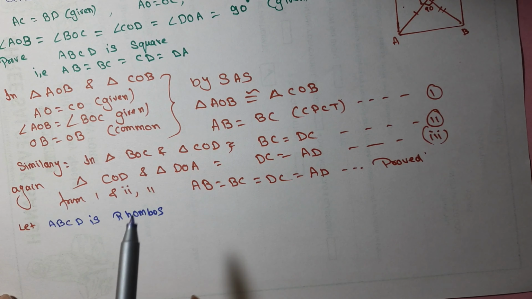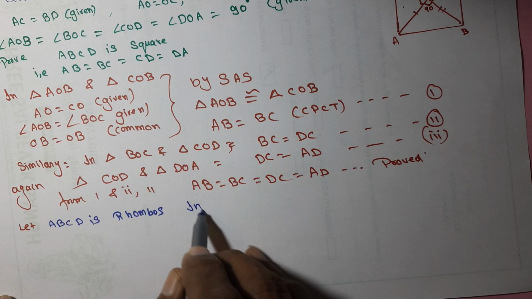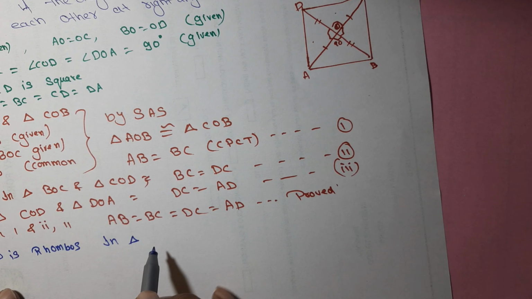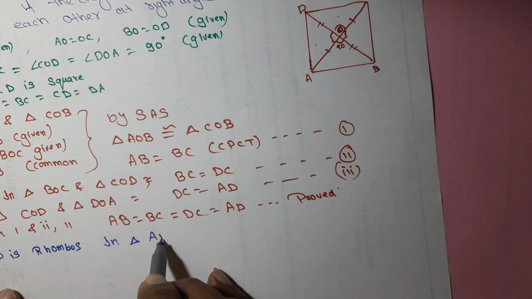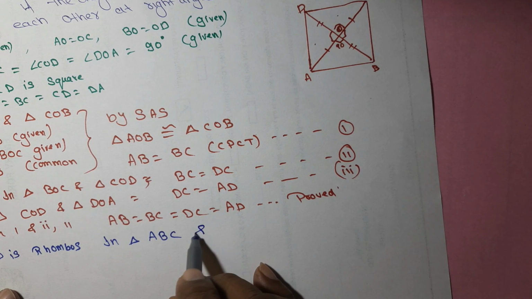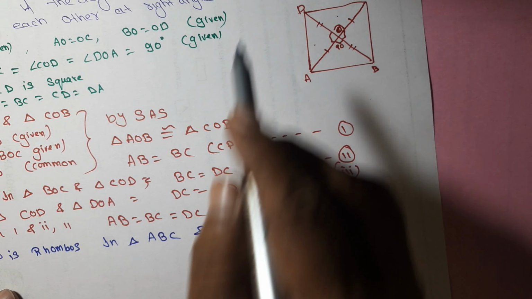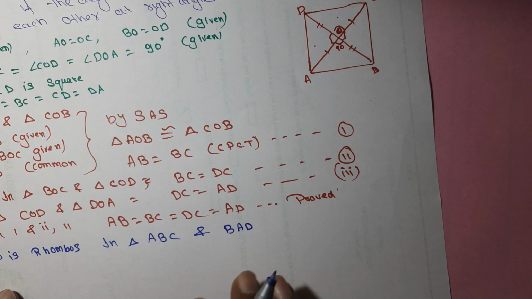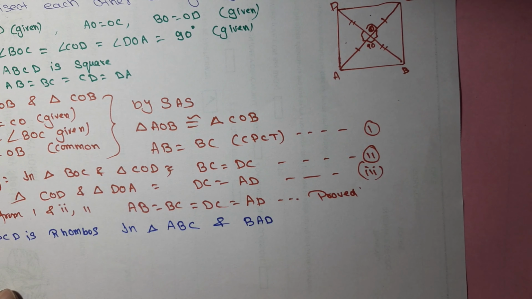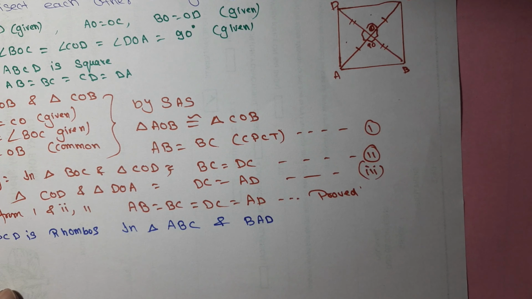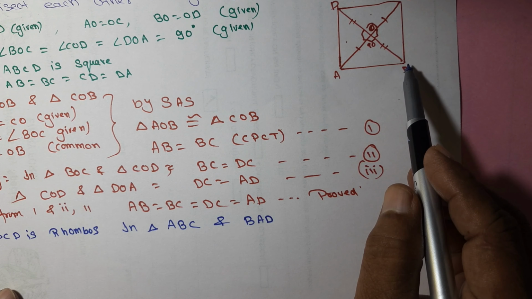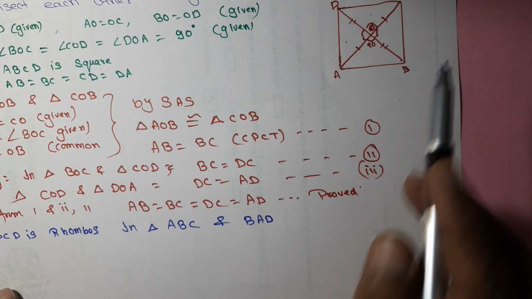Now you see, in triangle ABC and in triangle BAD, what two things are equal here? We will see. First, we got AB is equal to BA, means this side is common.